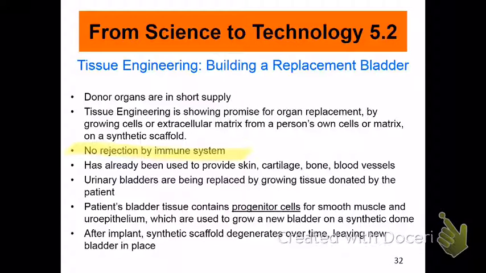The patient's bladder tissue contains progenitor cells, or the parent cells, for smooth muscle, and uro means urinary. So the uroepithelium is just the main cells that can do mitosis and actually create the tissue. After the implant, the synthetic scaffold, the structural piece, breaks down, leaving the new bladder.